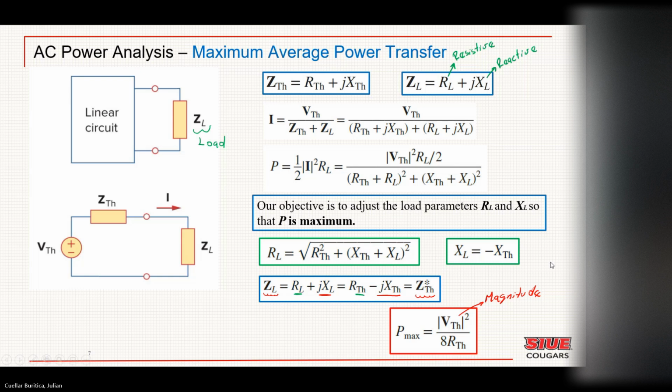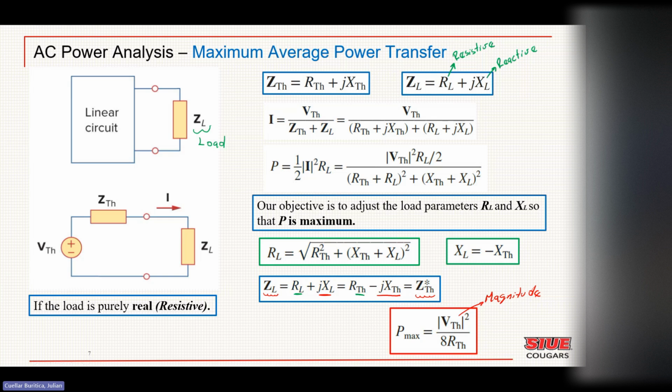Now, what will happen if we are working only with a resistive load?